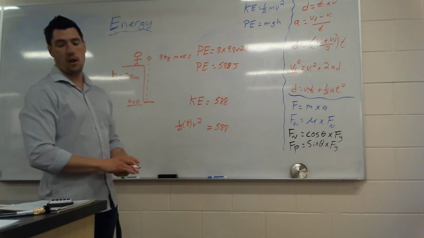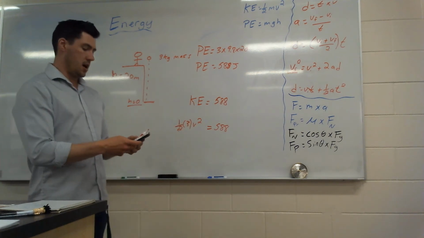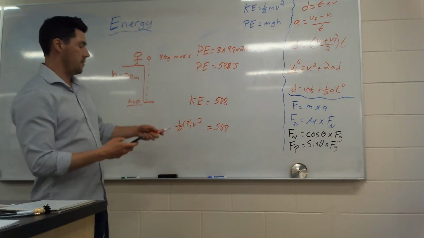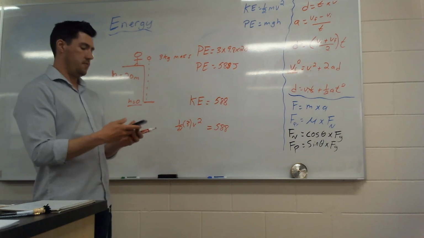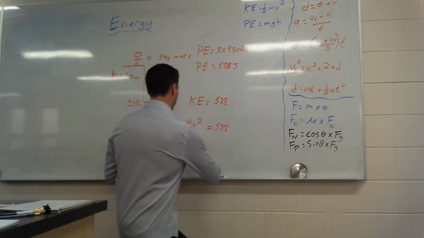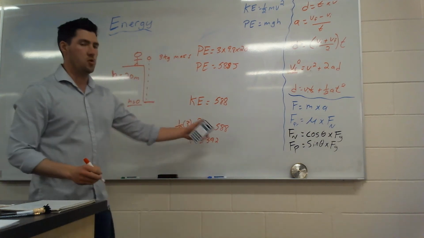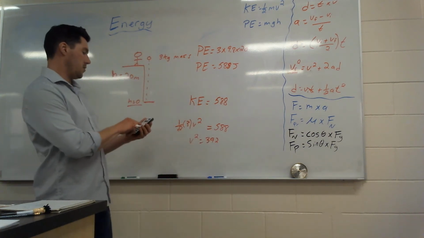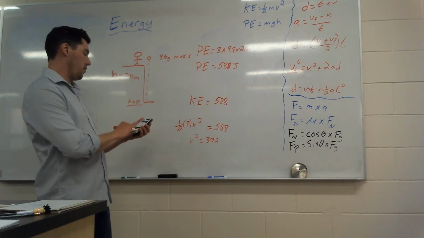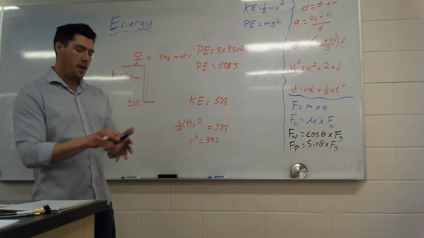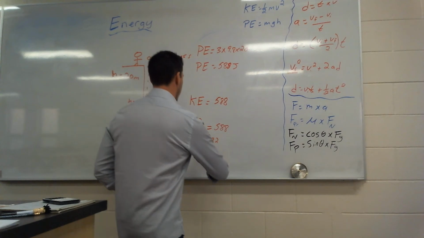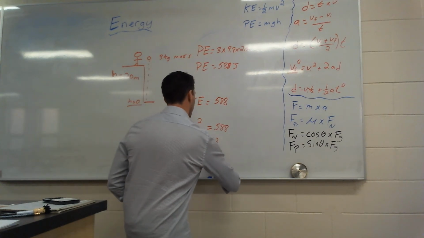So I'm going to take 588, times by 2, basically get rid of this half, and then divide by 3, so I get v squared is going to equal 392. Again, all I did is times by 2, then divide by 3. And then I'm going to take the square root of 392, and I get a velocity of 19.8.